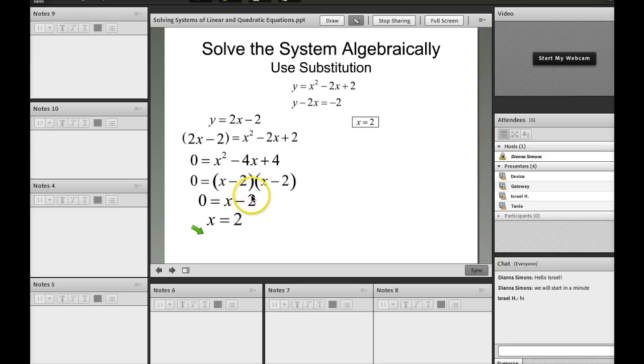Since they're both the same, you only have to do this once, but if you like, you can do it twice. And we know that our intersecting point is going to be where x is equal to 2. So if x is 2, y is 2. So this is a case where it only intersects at one point.